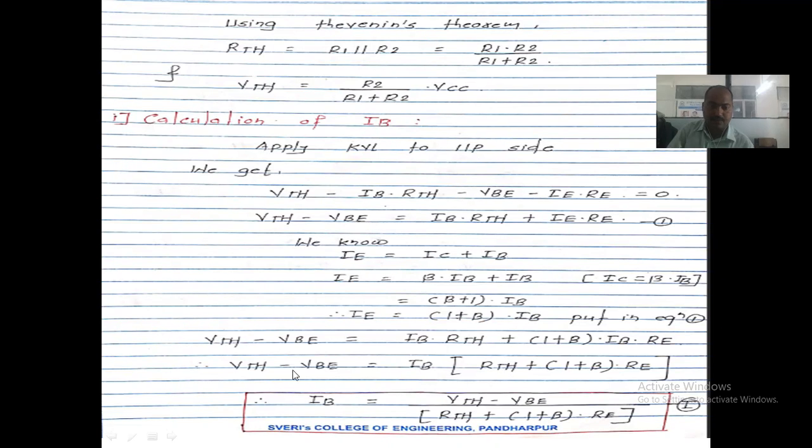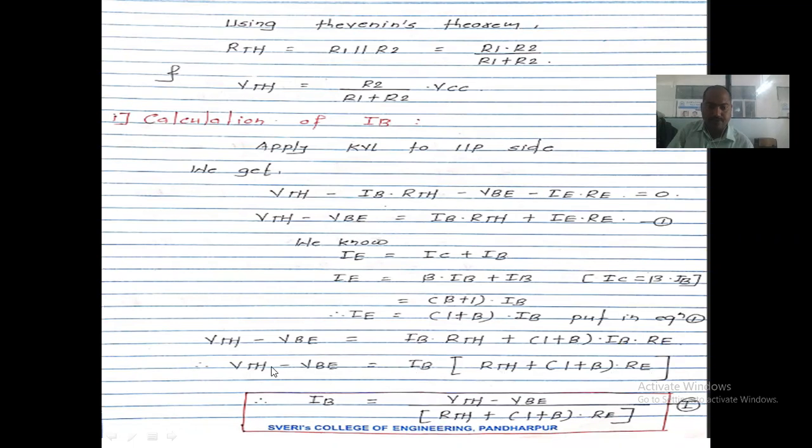Okay, now VTH minus VB. Now see, we are taking IB common, because here is IB, here also IB. So IB times RTH plus 1 plus beta into RE. Okay, so to calculate the IB, we take IB as it is here.